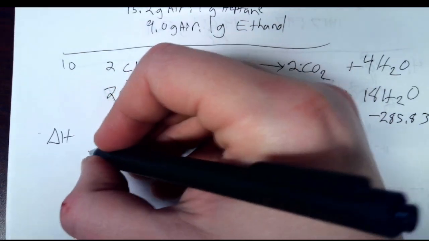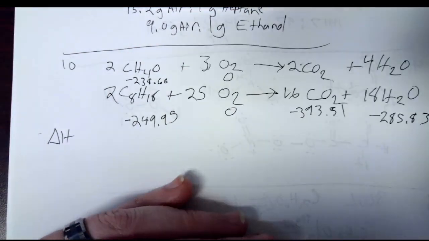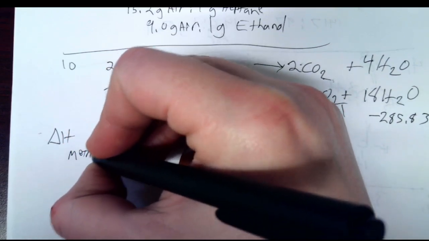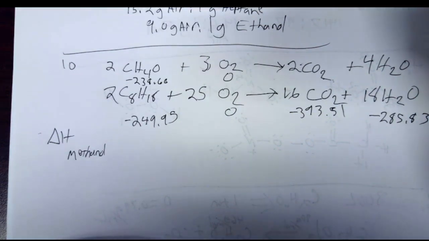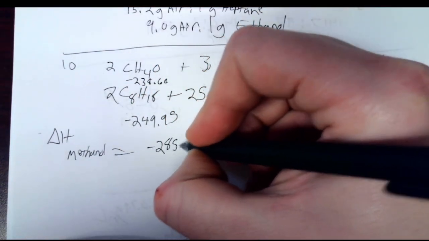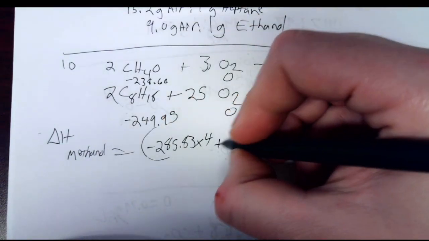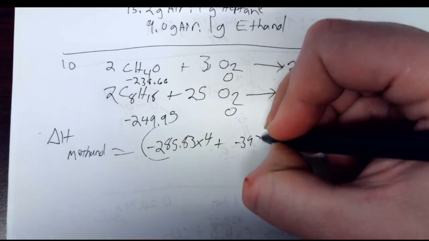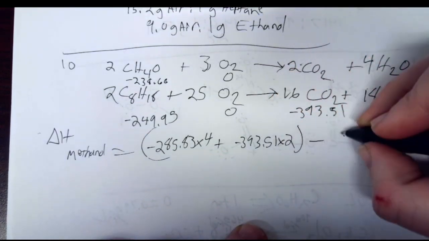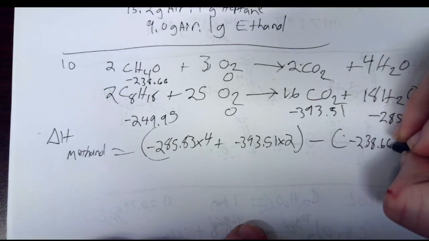So, to calculate enthalpy, it's always going to be products minus reactants. So, for methanol, for the given chemical equation, you would have negative 285.83 times 4 and negative 393.51 times 2 minus 238.66 times 2.